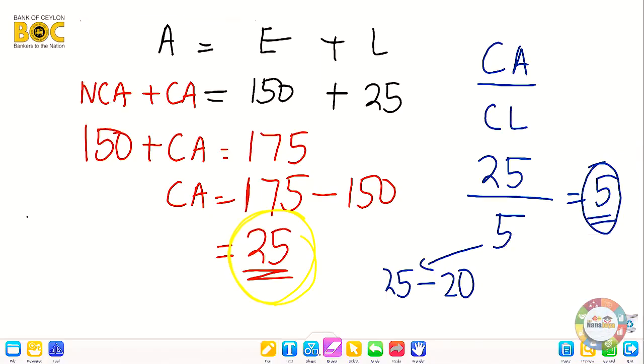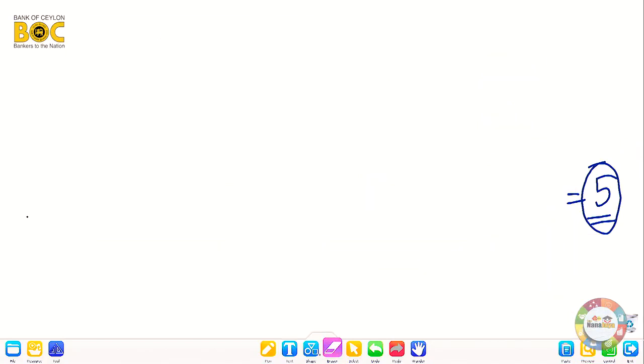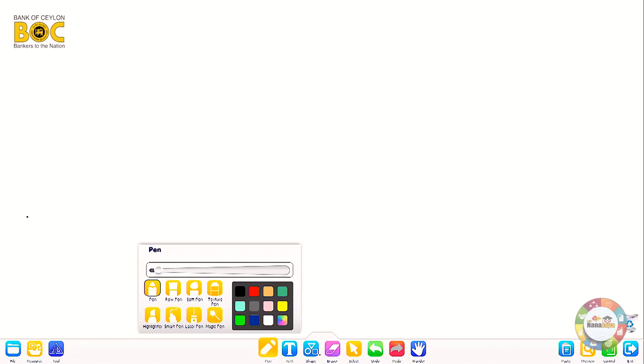The total sales given as 720,000. This 720,000 includes first, second, third and fourth quarters sales.